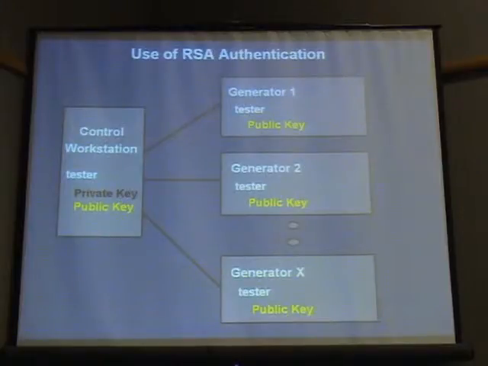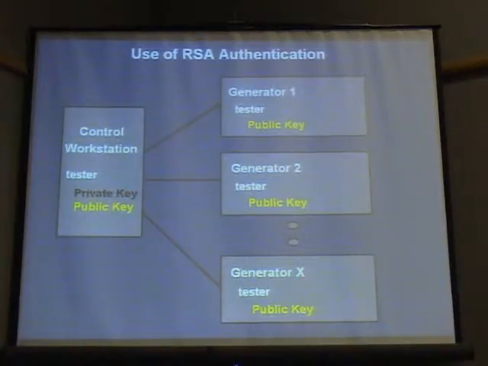RSA authentication, come on in, have a seat. RSA authentication requires a certain setup on the control workstation in SSH. I show here a local account called tester. This could be your own account.